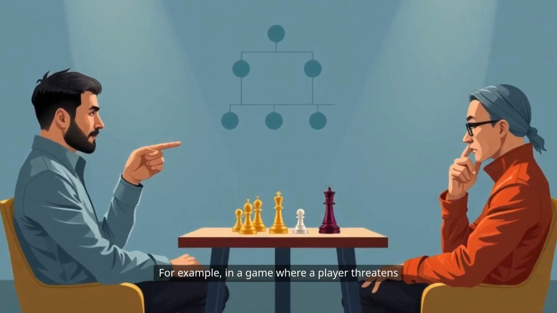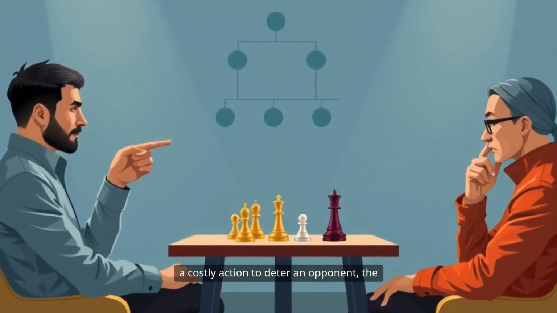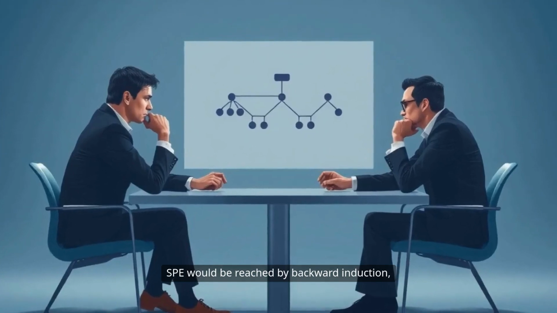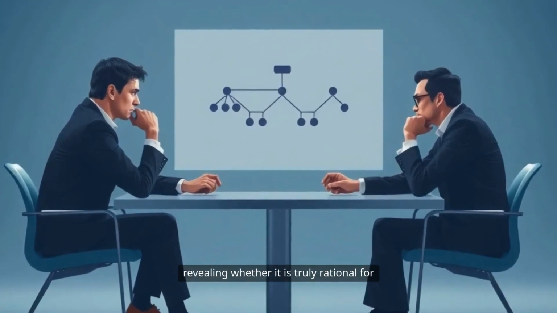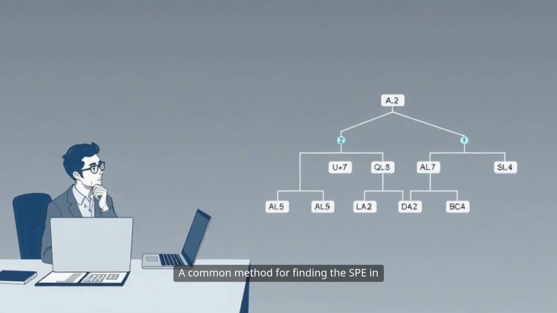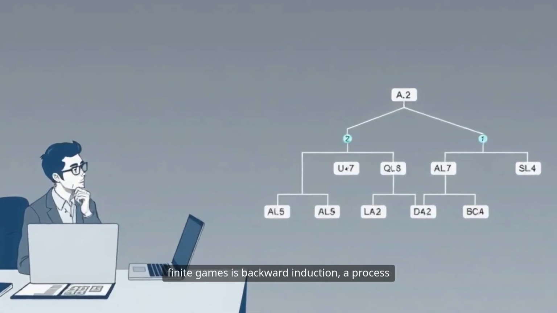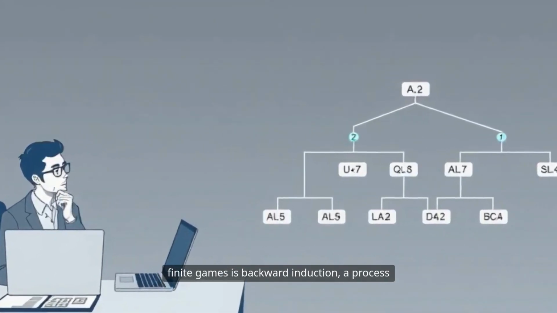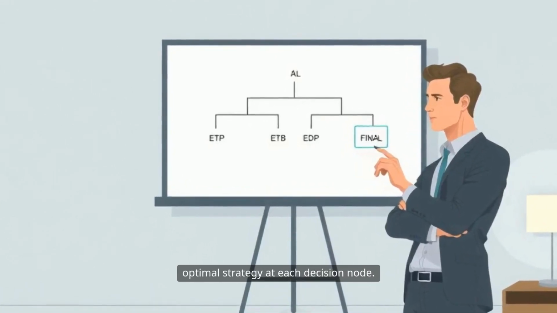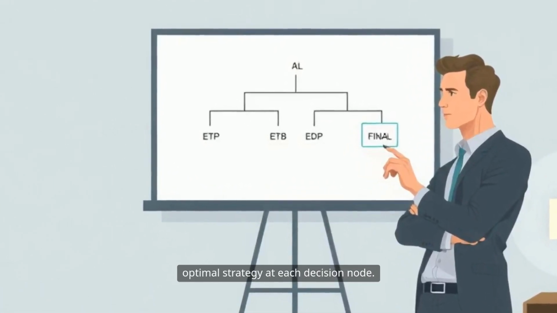For example, in a game where a player threatens a costly action to deter an opponent, the SPE would be reached by backward induction, revealing whether it is truly rational for the player to follow through on their threat. A common method for finding the SPE in finite games is backward induction, a process of working backward from the end of a sequential game tree to determine the optimal strategy at each decision node.